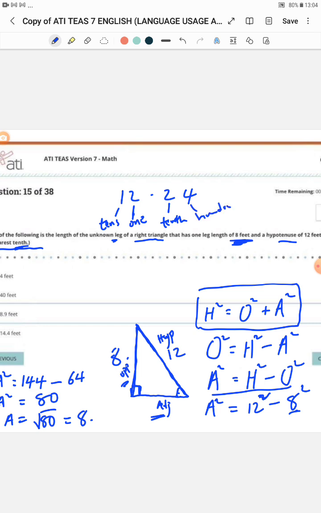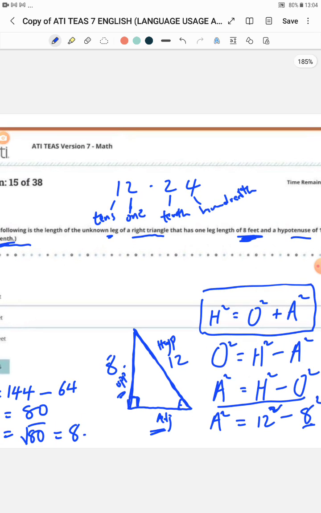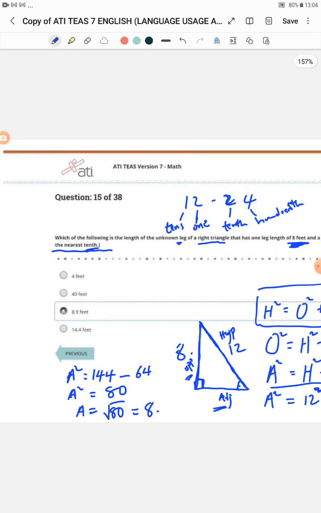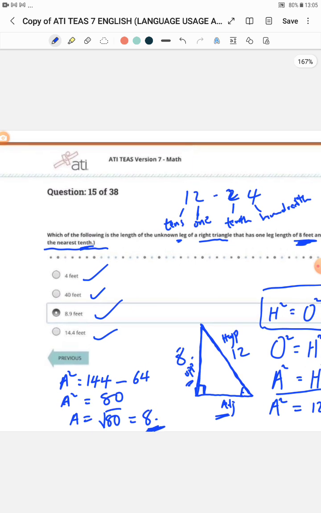So to the nearest tenth means it's going to be point, just one number. So that's 8 point something, and 8.9 is the perfect answer for it. It cannot be 40, that's too far from 8 point something. It cannot be 14.4 because this is the square root of 80. So it can only be 8 point something.